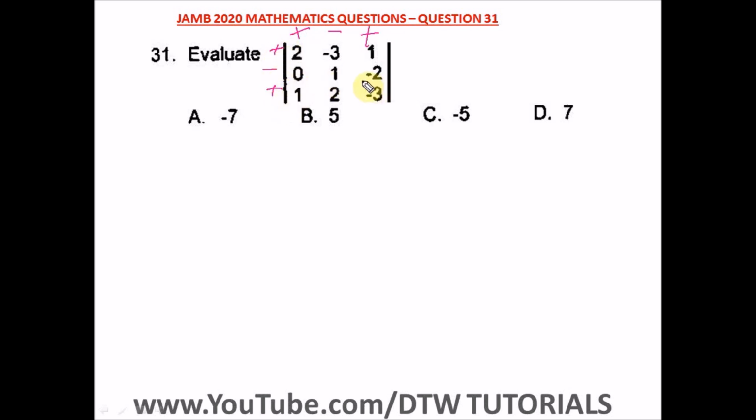Don't forget this, it will help us in solving this. And also recall again, the determinant of a, b, c, d is equal to ad minus bc. Don't forget this to help us to find this.